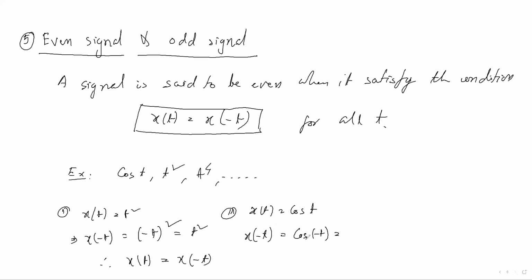Now we know that cos of minus theta equals cos theta only. That's why x of t equals x of minus t. Somebody may ask, sir, how is cos minus t equal to cos t itself? Can anybody explain how we can relate that, and from where that concept comes?